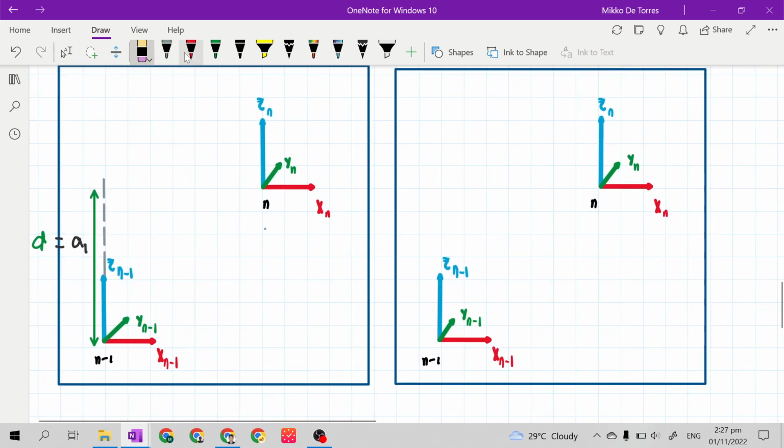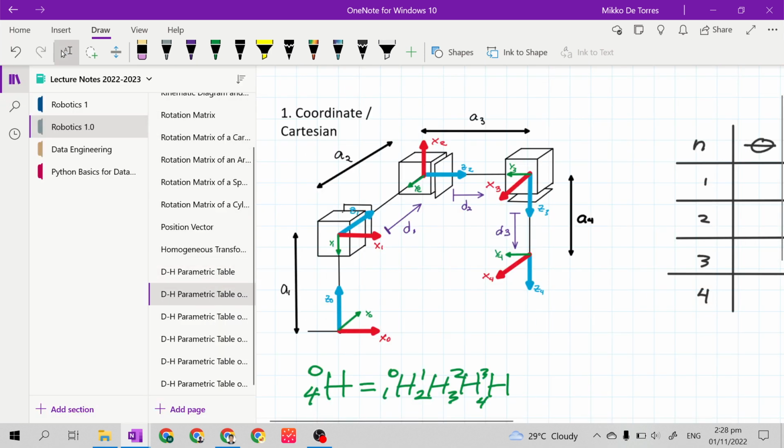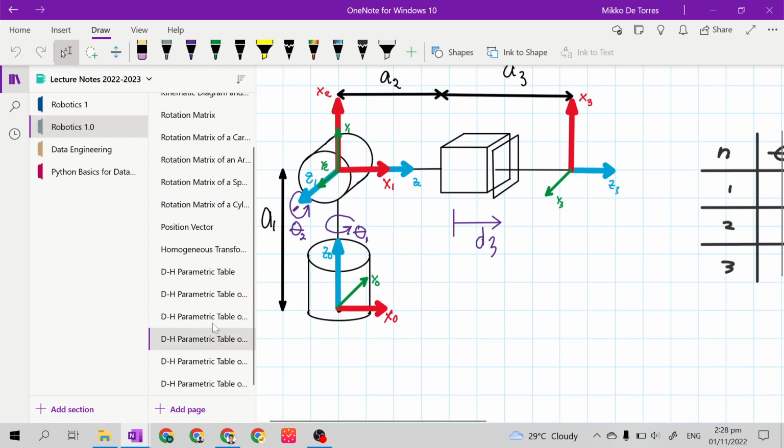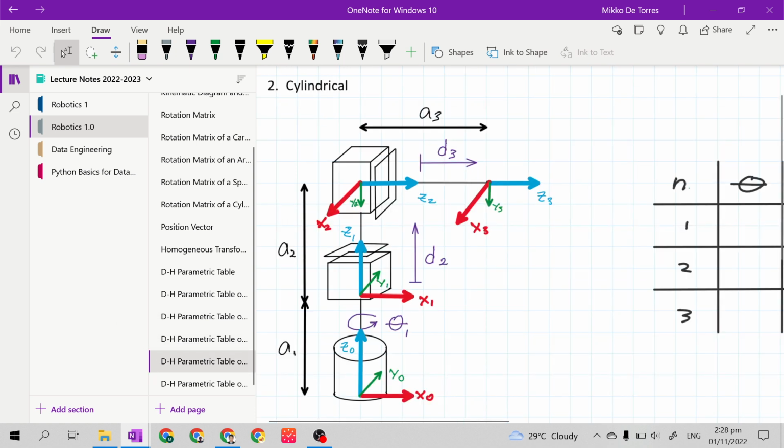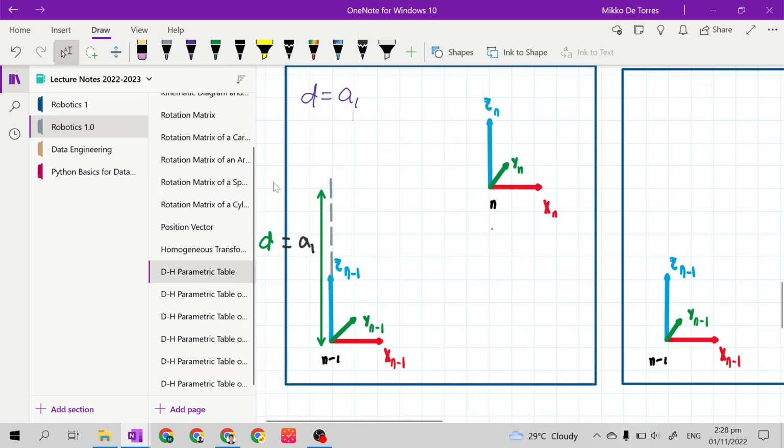So d is equal to a sub 1. If this is a prismatic joint, it means it has a joint variable d, let's say d sub 1.